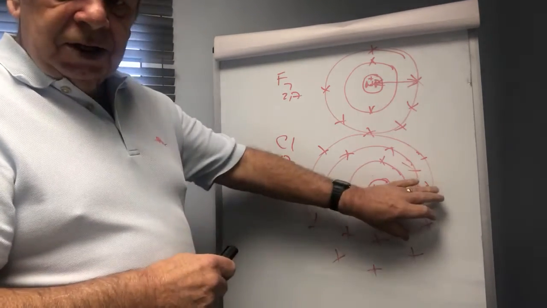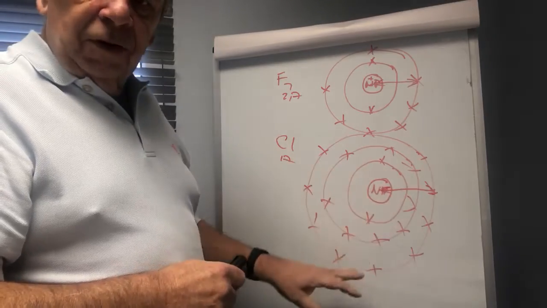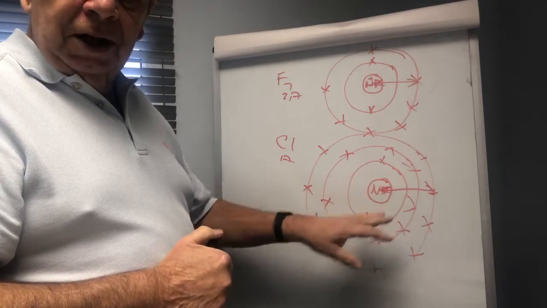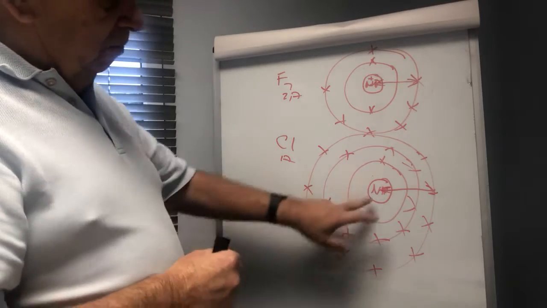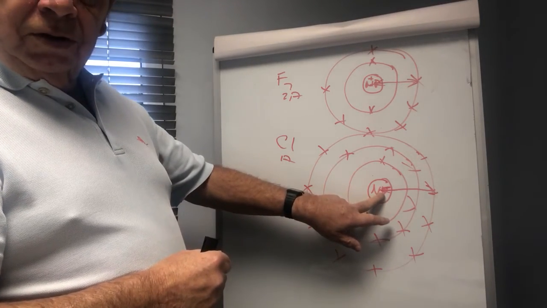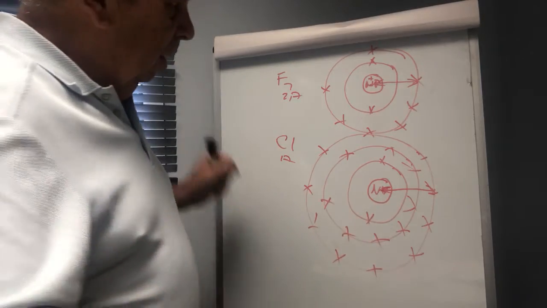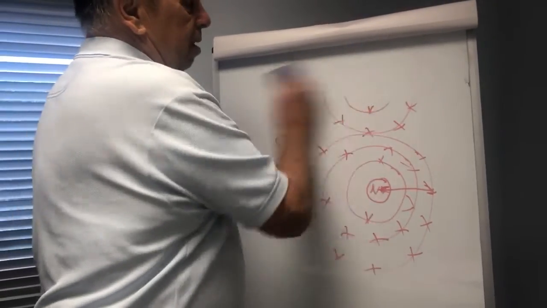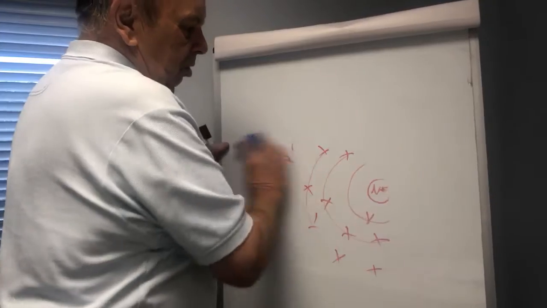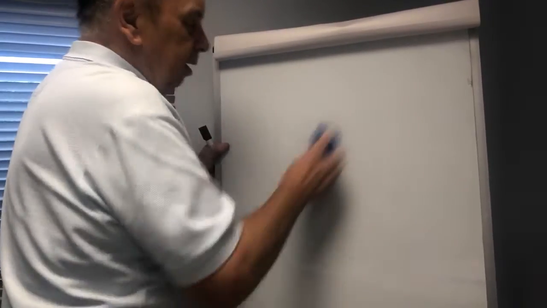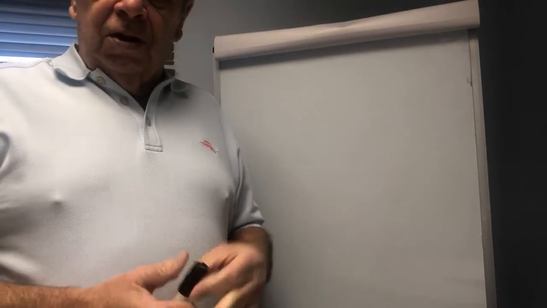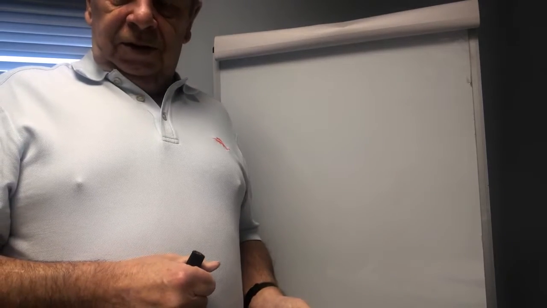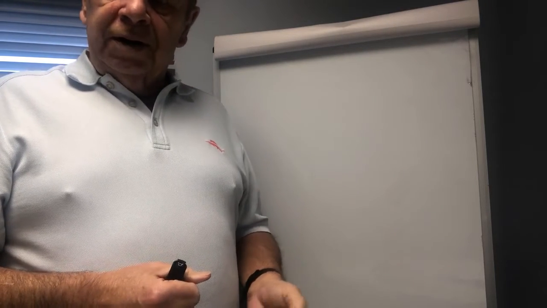Therefore, it's less likely to attract more electrons because it's further from the nucleus. And that's why going down that group, the halogens, they get less reactive. In simple terms, fluorine is more electronegative than chlorine, etc.